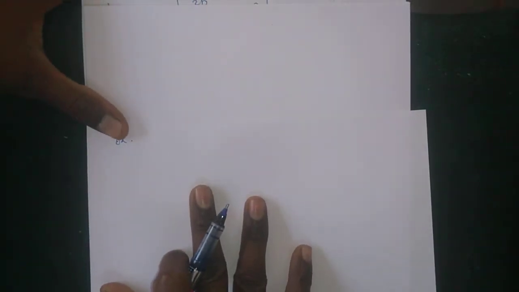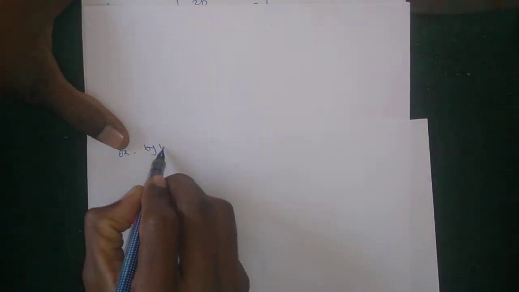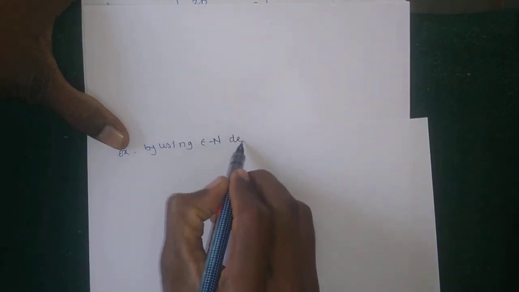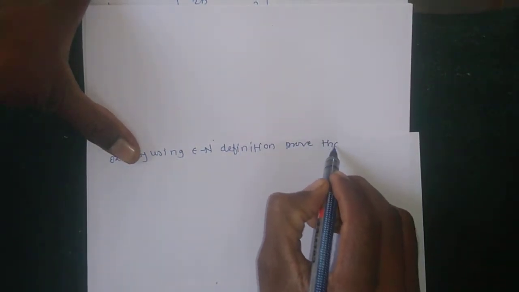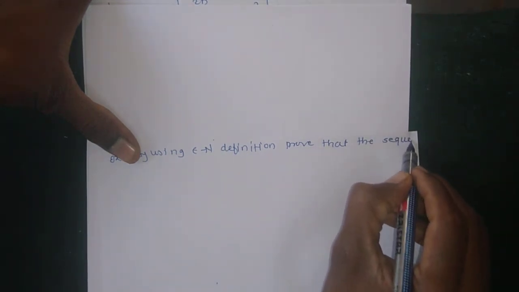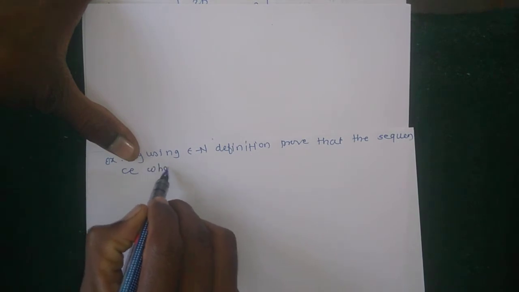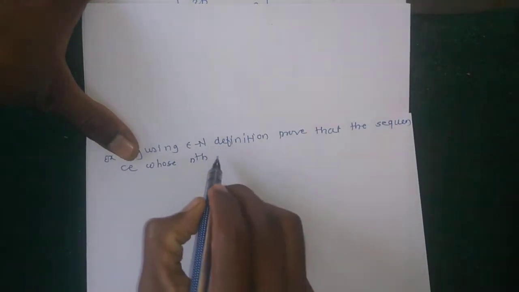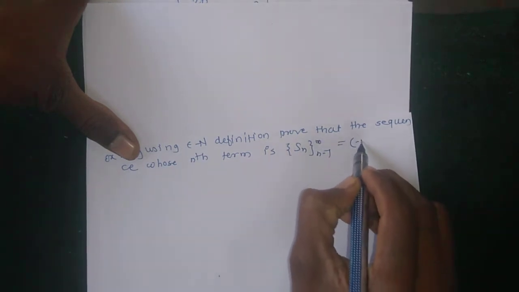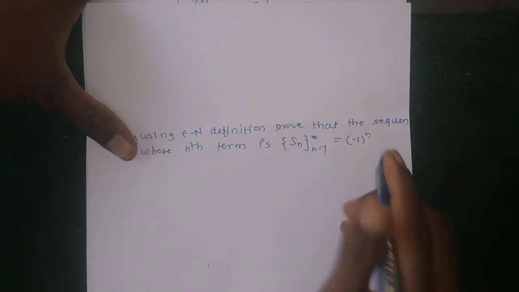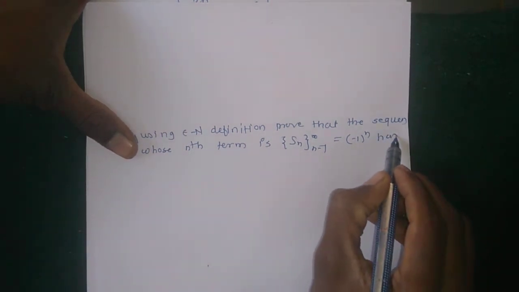Next example: by using the epsilon-N definition, prove that the sequence whose nth term is S_n equal to (-1)^n, with n running from 1 to infinity, has no limit.